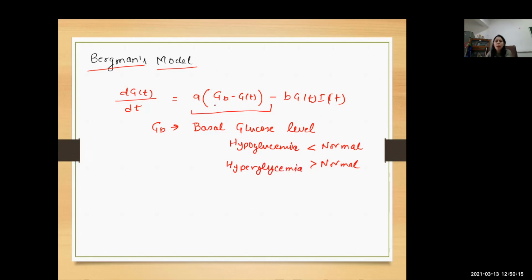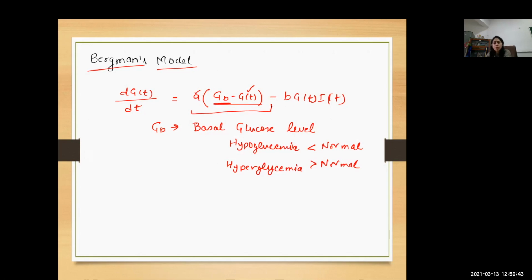Why is GB minus G(t) positive? G(t) is the glucose level at any point of time, so it is indicated by this parameter, and this term will be positive till the basal glucose level is more than the glucose level at any point of time.